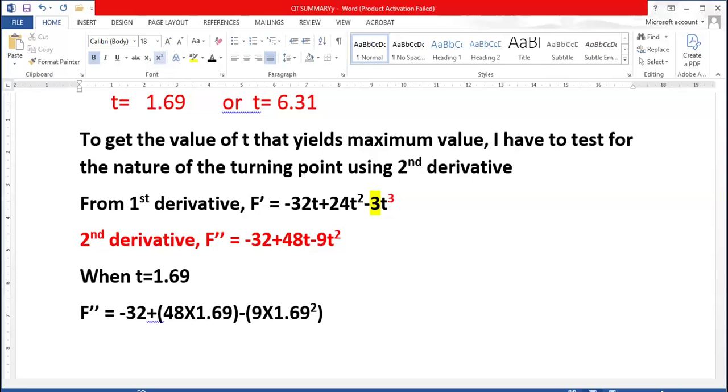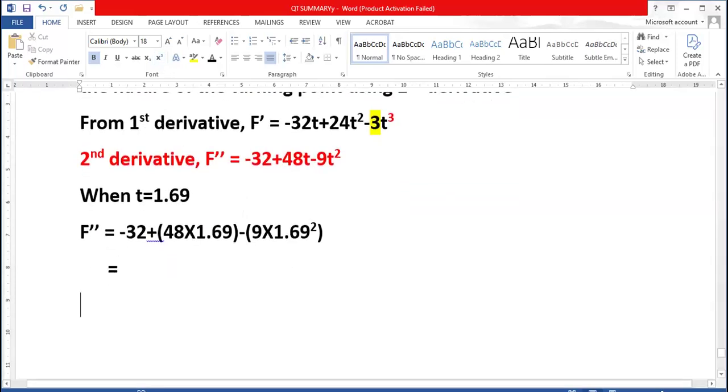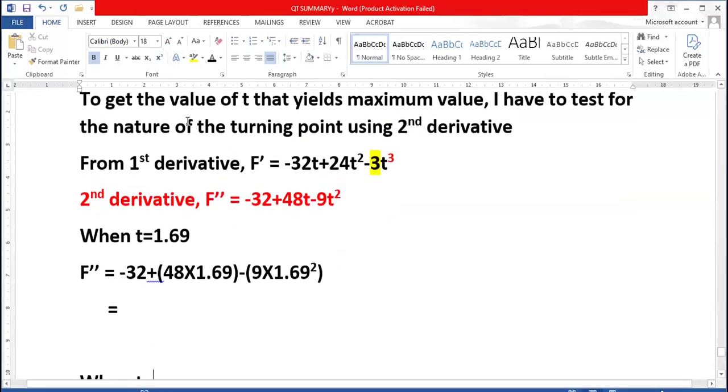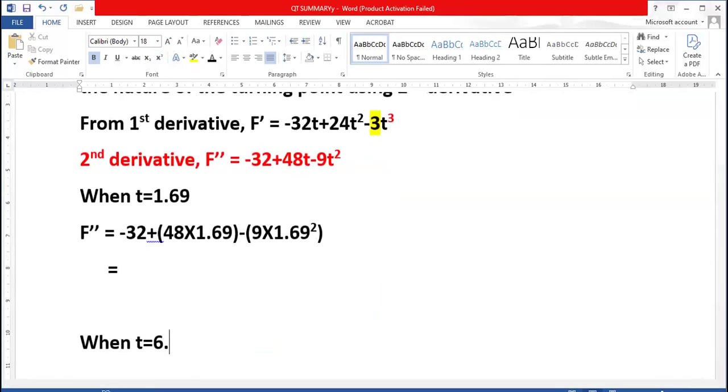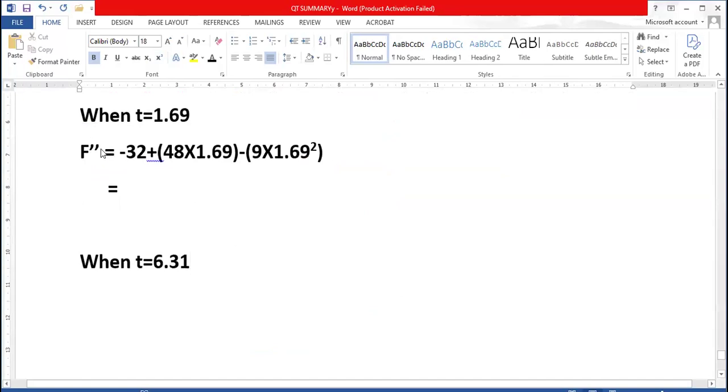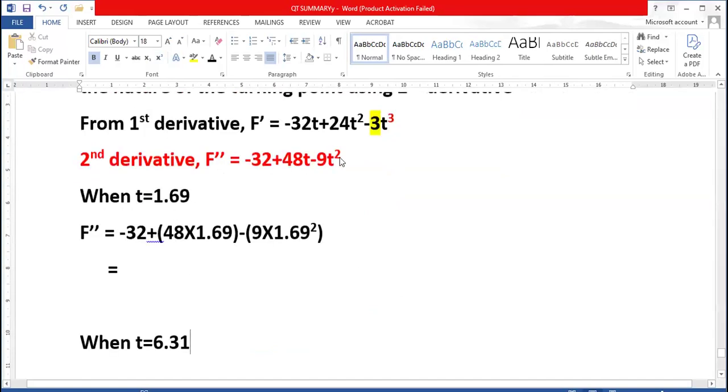Then you go ahead and say when t is equal to the other one, which was what? 6.31. What will be your second derivative? You again substitute.